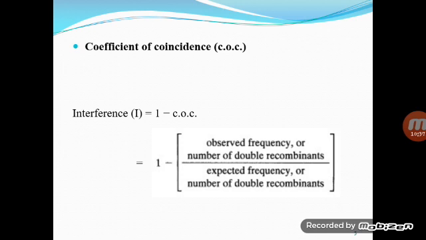Students, in this case you should keep in mind that we can write observed frequencies or numbers of double recombinants, and the same with expected frequency or number. Observed number divided by expected number, or observed frequency divided by expected frequency. Both types of values can be used here.